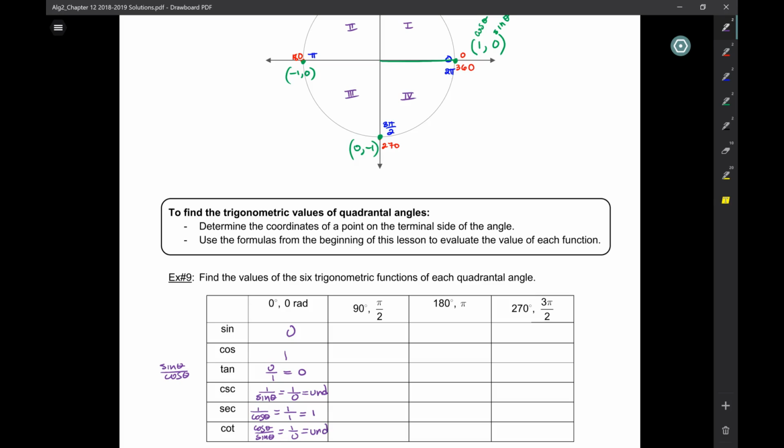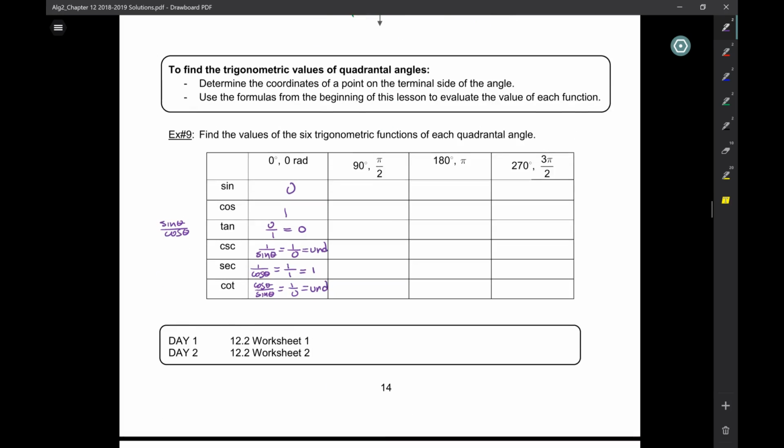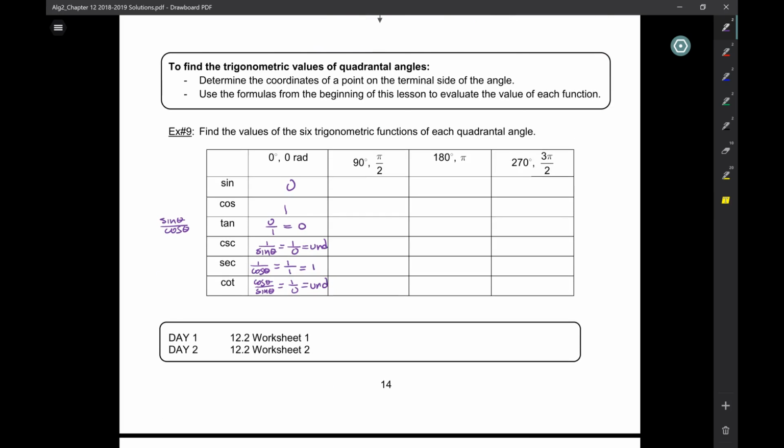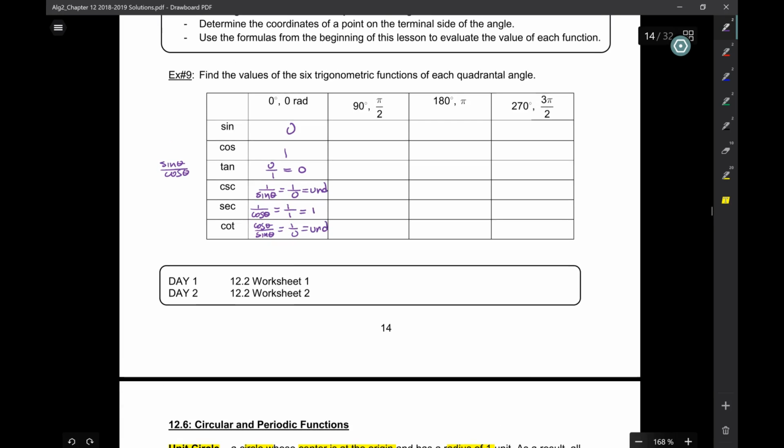Okay? So my values here are just negative 1. What's the cosine? 0. I just look at the x-coordinate and it's 0. Tangent, negative 1 over 0, which is undefined. Okay?